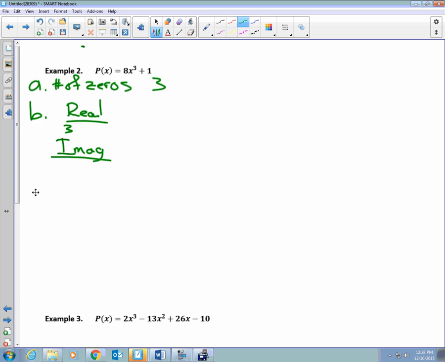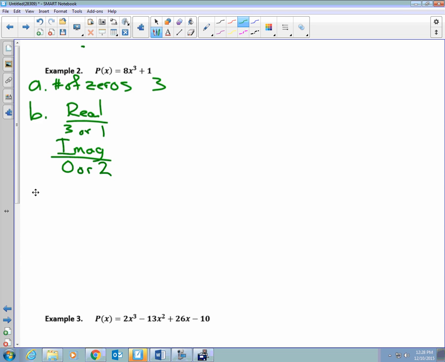If it had 3 real, how many imaginary would it have? 0. Suppose it did have imaginary. How many would it have? 2. If it had 2 imaginary, how many real would there be? So you can see the real solutions start with the degree and it goes down by 2 every time. The imaginary solutions start with 0 and they go up by 2 every time.